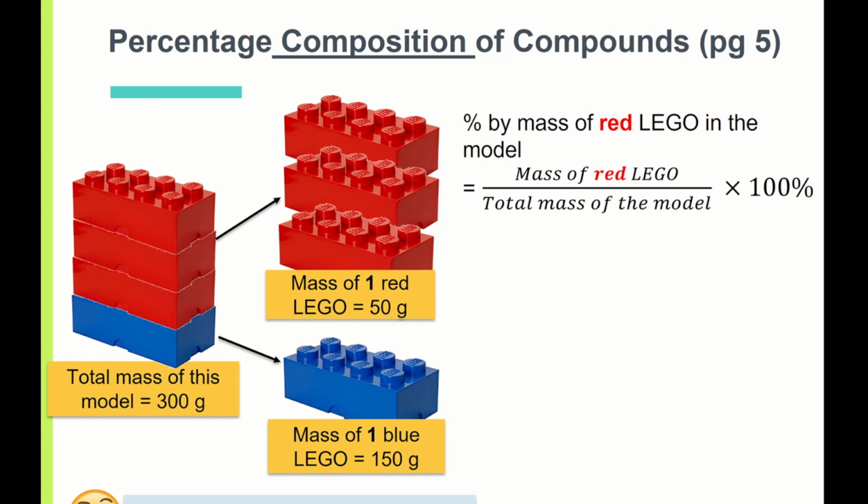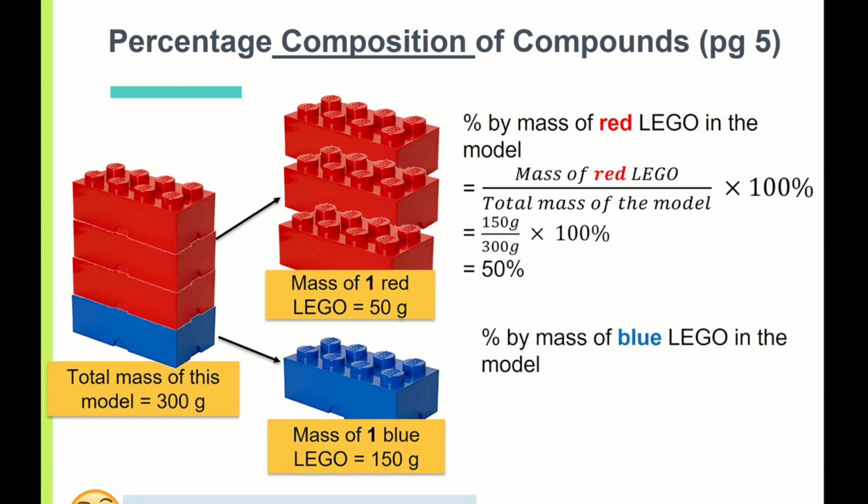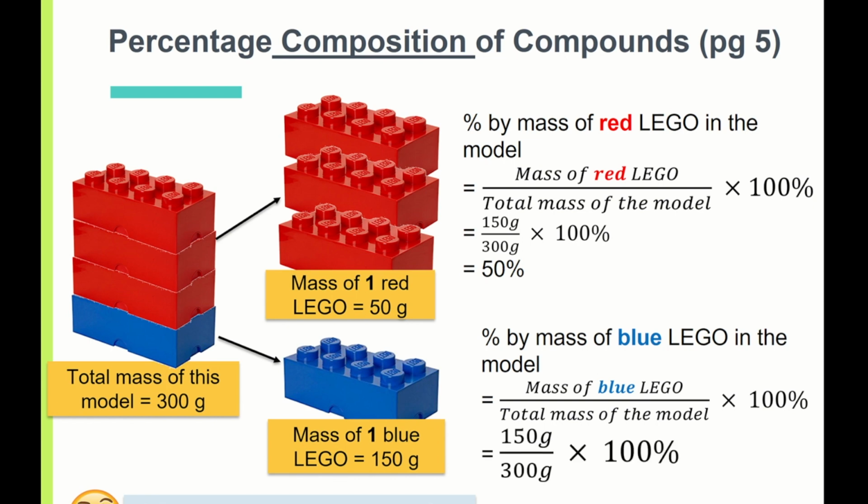I can say that 50% of this whole 300 gram is the red Lego brick. Then blue Lego brick, 150 gram divided by the total mass times 100%, and you will get 50%. So 50% of this model's mass is contributed by the blue one, and 50% is contributed by the red Lego brick.